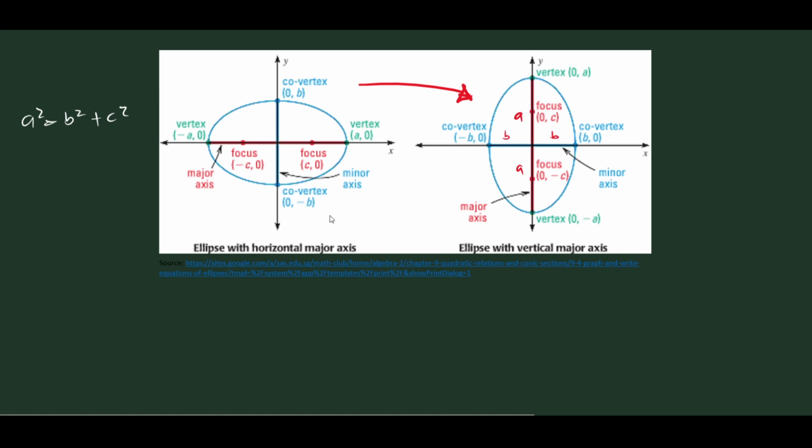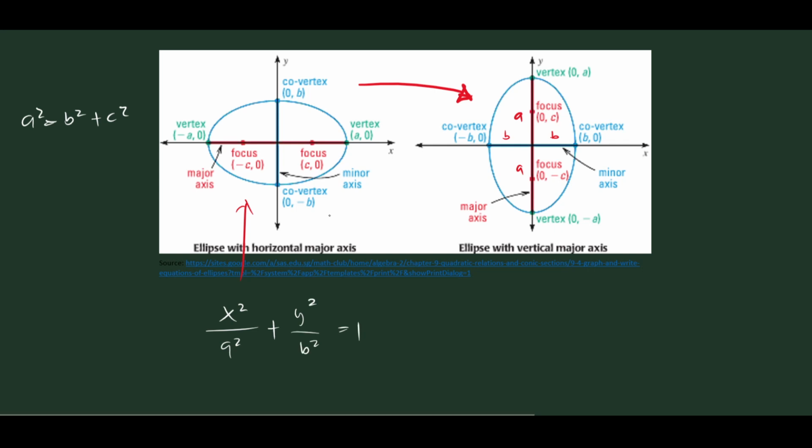How does that affect our standard form? The standard form for this particular orientation of the major axis is x squared over a squared plus y squared over b squared equals 1.